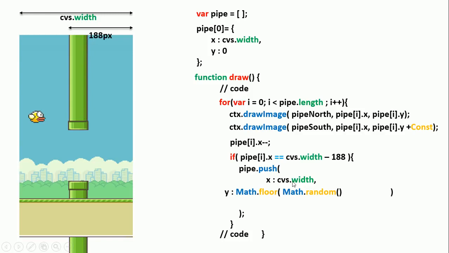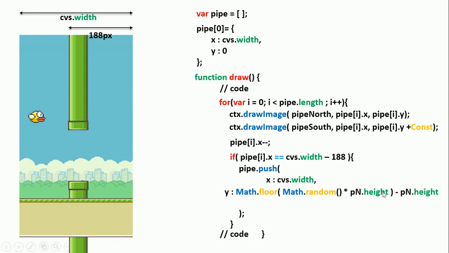So for that we will multiply our Math.random by pipeNorth.height. So now we will get 0 if Math.random returns 0, and we will get pipeNorth.height if Math.random returns 1. And then we say minus pipeNorth.height.